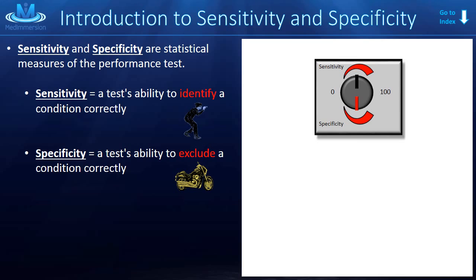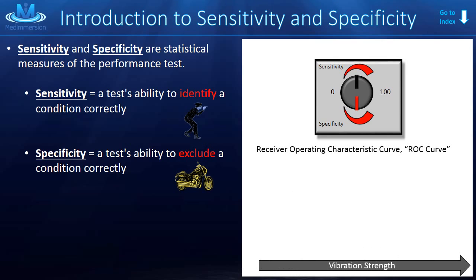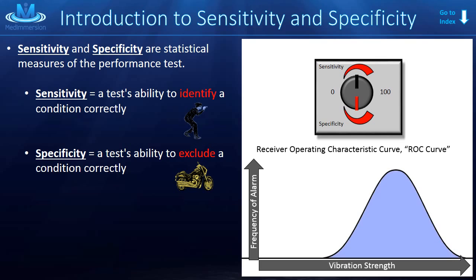Let's look at this graphically by making something called a receiver operating curve, or an ROC curve. On the x-axis is the vibration strength that a condition causes. On the y-axis is the frequency of the alarm going off. So again, this blue bell curve represents a condition, and that is a thief tampering with the door to unlock the door.